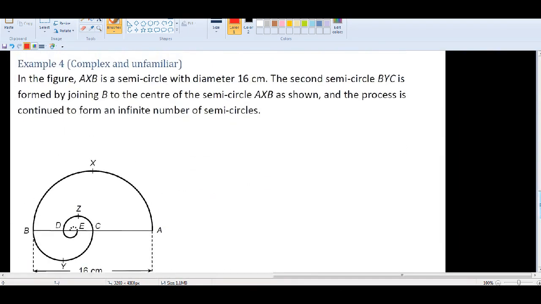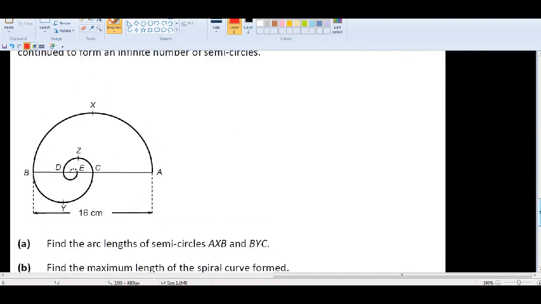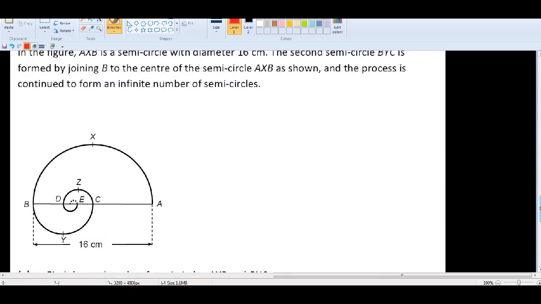So let's do some application ones. Sometimes you might see some complex and unfamiliar applications. Here we've got a pattern, a figure, where you see a series of semicircles.